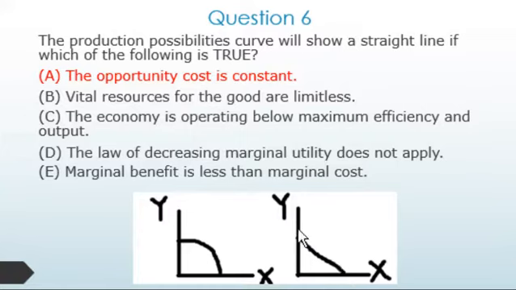So it's a constant opportunity cost, whereas if a production possibilities frontier was bowed shaped, then here it's much more costly to produce an extra good of y because you give up so much x, whereas here it's the other way around.